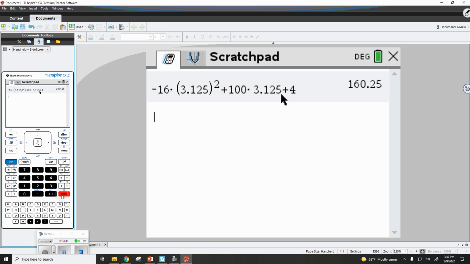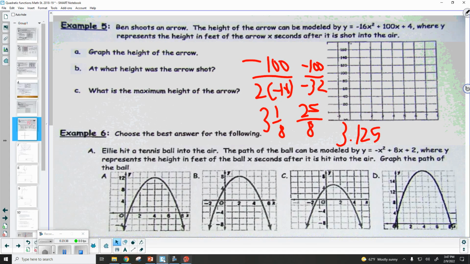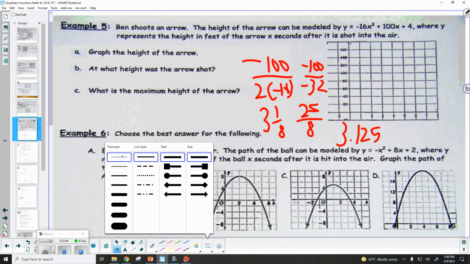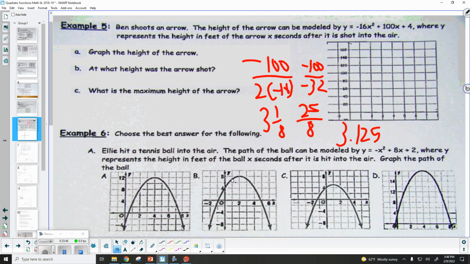Okay, so 160.25. All right, not bad. So 160.25, meaning our point is (3.125, 160.25).